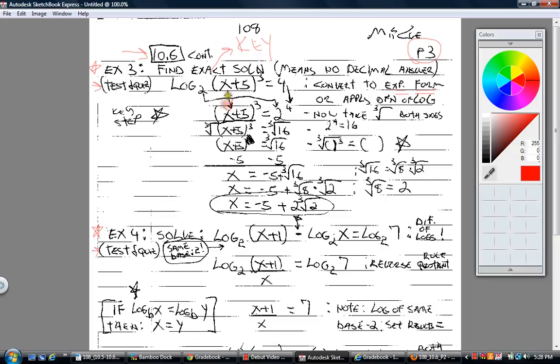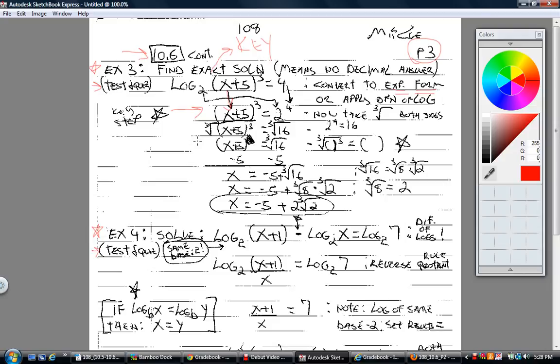Stick to a continuous technique of how you translate these: the result equals the base raised to the exponent. This is a huge step, because once you've done that, the word log is gone, and you're not going to take the log on both sides, because that would only compound the problem.